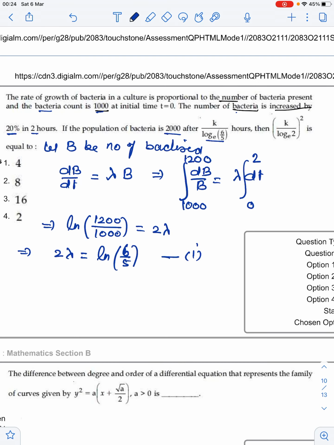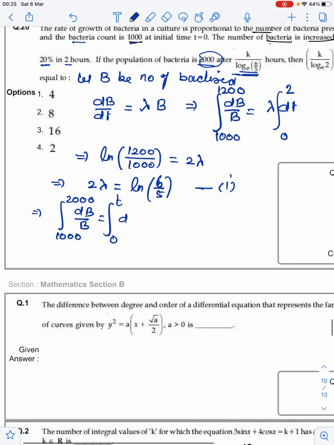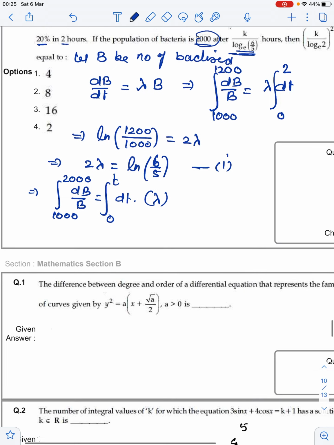Again they have given that the bacteria becomes 2000 in this much time. So again applying the condition, from 1000 to 2000, dB by B, let us say the time is T, dt and lambda obviously multiplied outside.